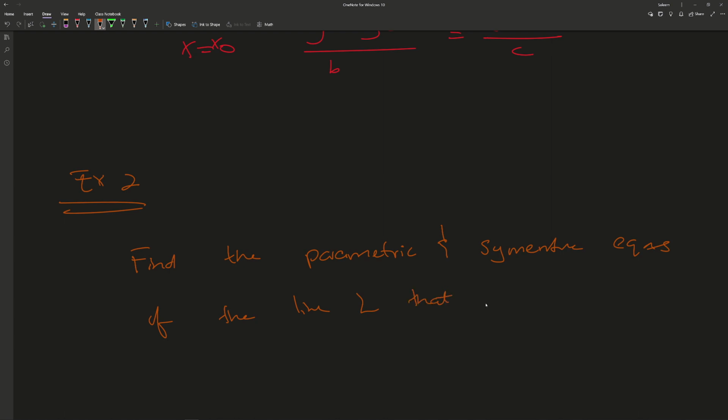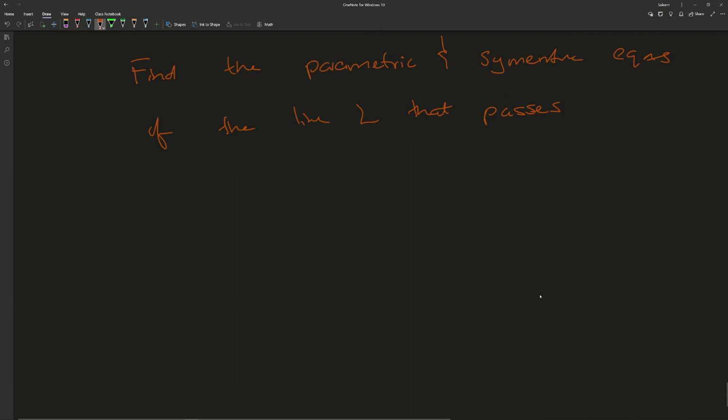that passes through the points, more than one here. First point A, let's call A 2, 4, and let's call B another point. Let's keep it simple.